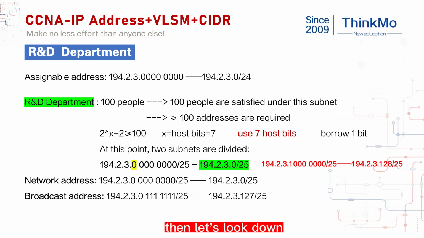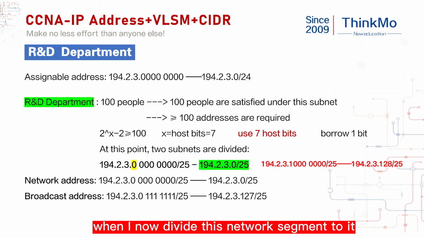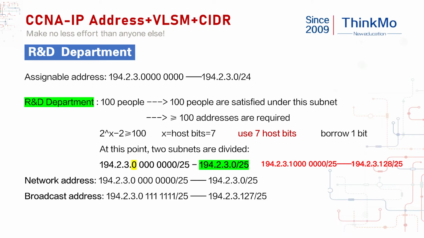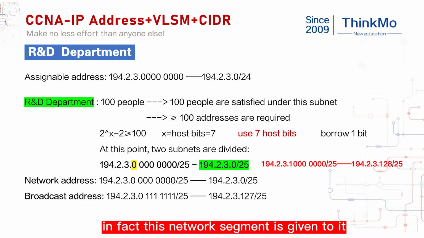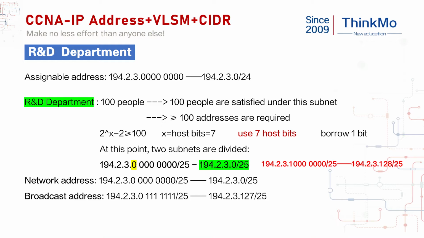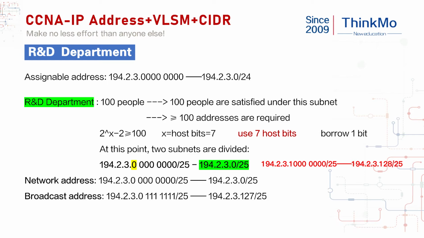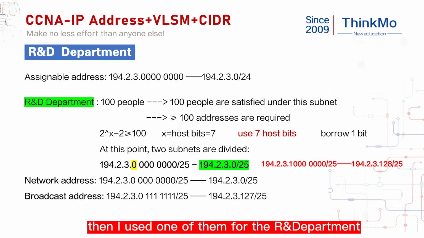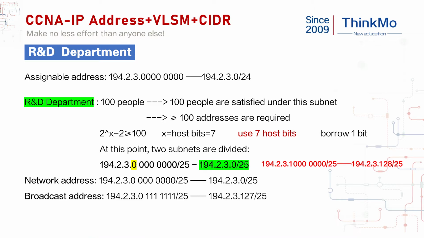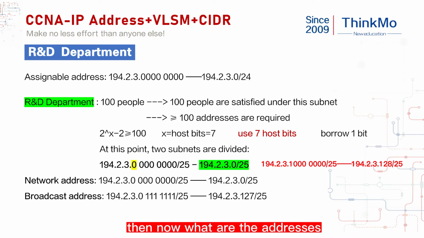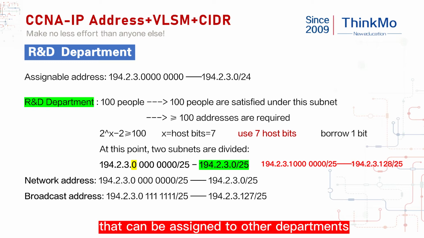Then let's look down. When I now divide this network segment to it, in fact, this network segment is given to it. So what is the address that can be allocated at this time? I just created 2 subnets. Then I used one of them for the RAND department. Now, what are the addresses that can be assigned to other departments?